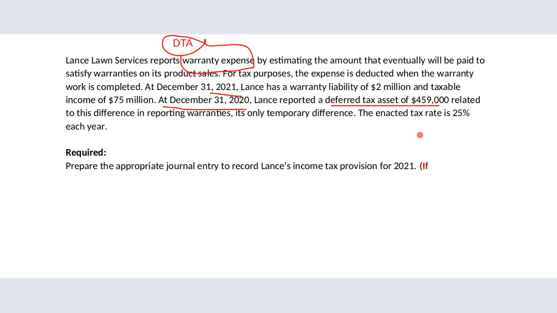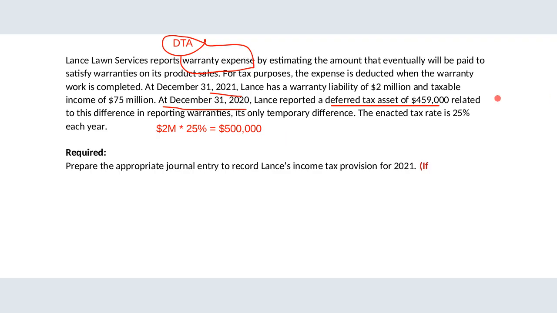So 2 million multiplied by 25%. And what did we say that was before? 500,000? 500,000. So the ending balance of our deferred tax asset should be 500,000.